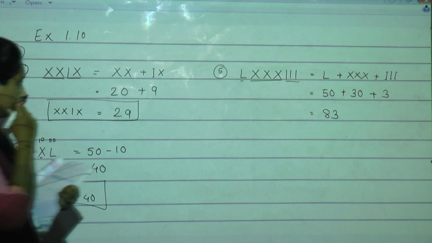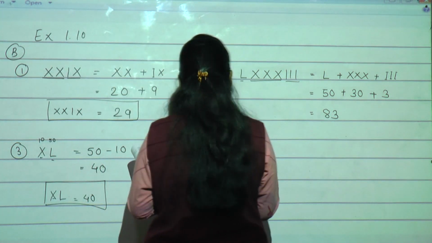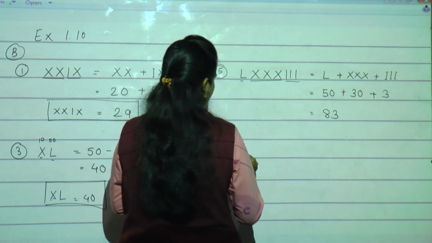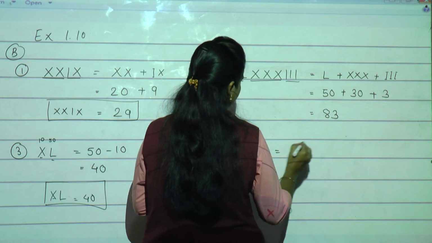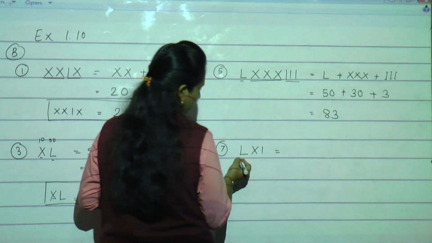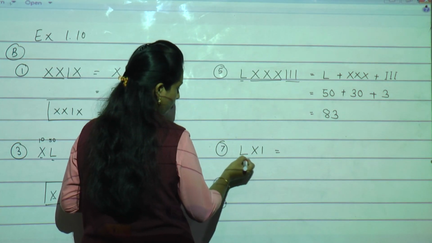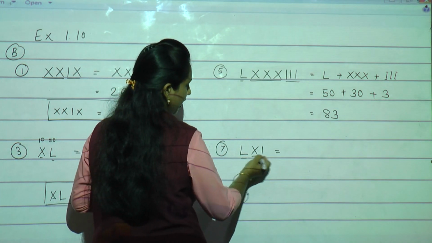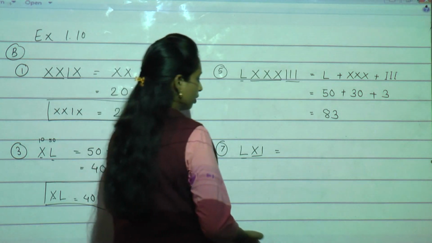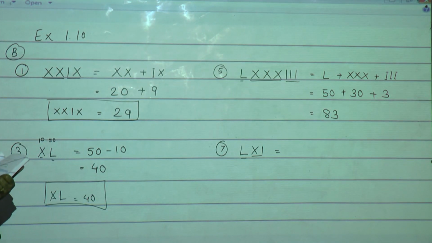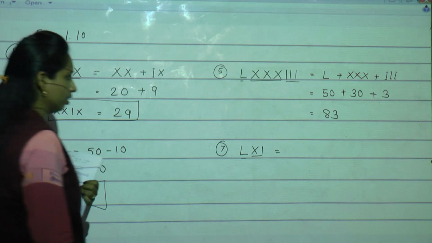Yes, very easy. Now we will take the next example, the seventh one. What is the seventh one? LXI. See, what Roman numbers can we see in this? L is there, L represents 50, and XI we know very well. What is XI? Yes students, XI becomes 11.